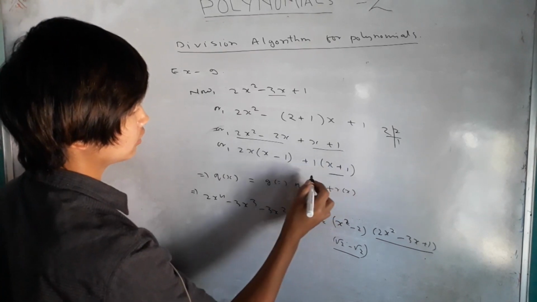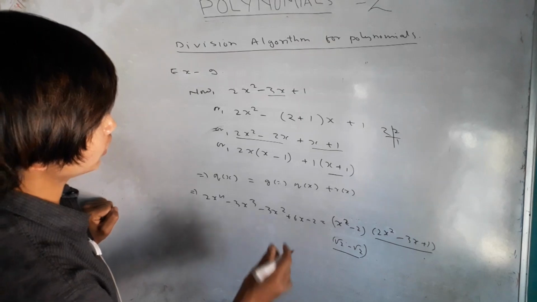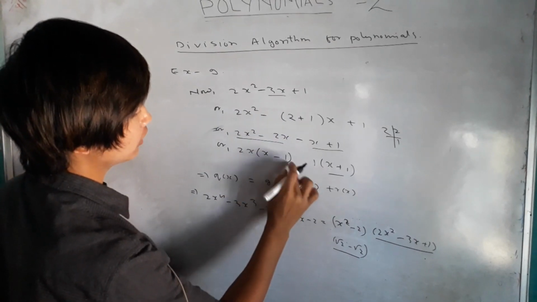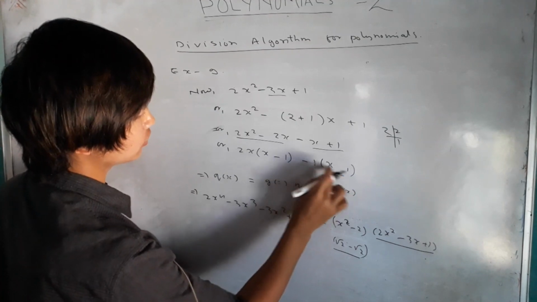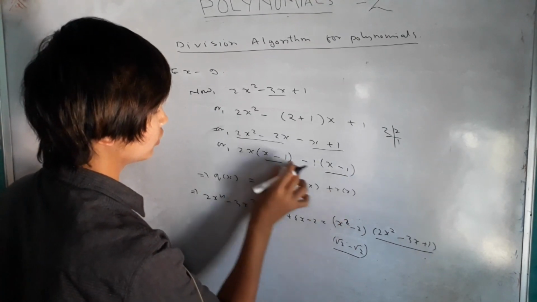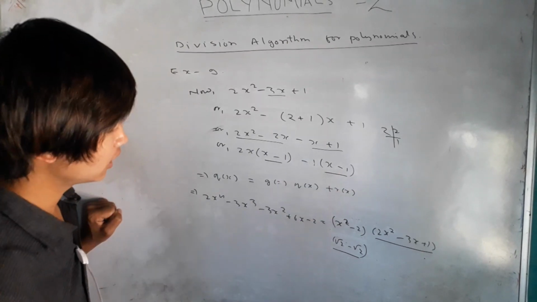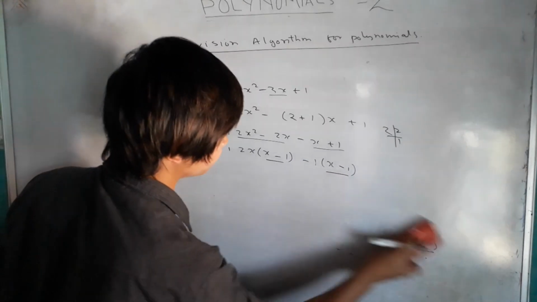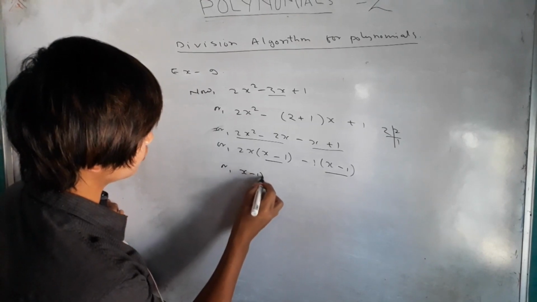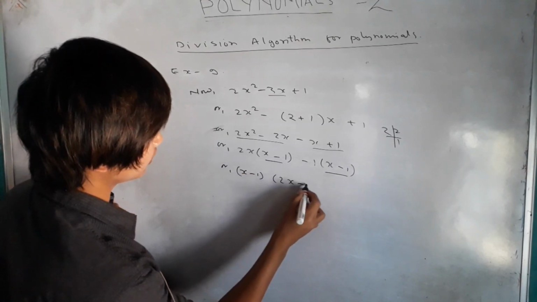So see, sorry, here it will be minus into plus, minus, okay, it will be minus. So minus into minus, it will be plus. So see here, the middle terms are similar, so I'll take them outside. When I take this out, it will be x minus 1 and 2x minus 1.